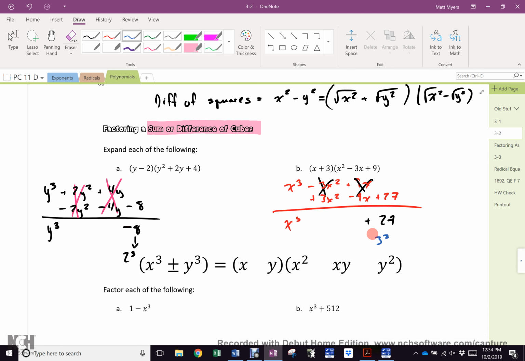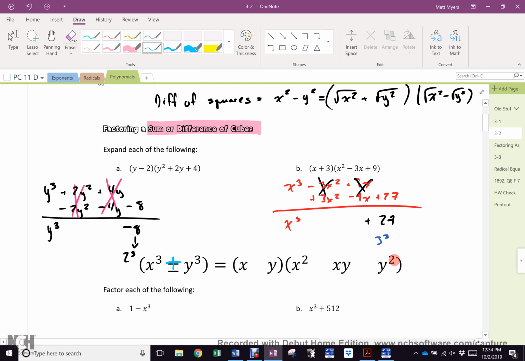Now, look closely. Here is the shortcut. If I start with cube and cube, if it's a sum, and I'll work the sum in blue, so it is a sum of cubes, yes?